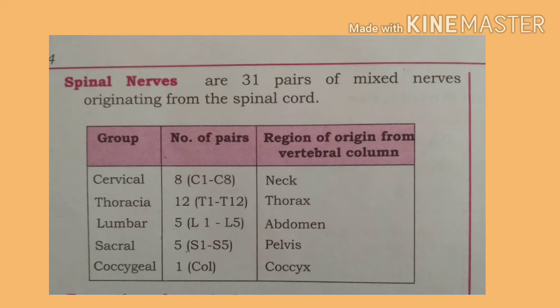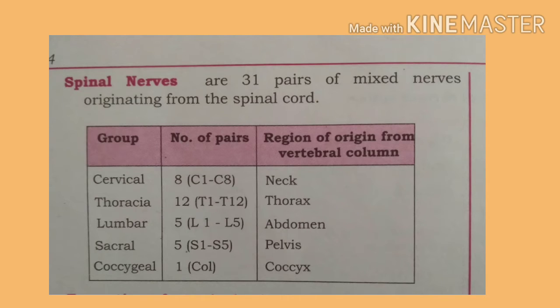The second is the thoracic group, with 12 pairs, T1 to T12, seen in the thorax. Then the lumbar group has 5 pairs, L1 to L5, seen in the abdomen, and the sacral group has 5 pairs, S1 to S5, seen in the pelvic region.